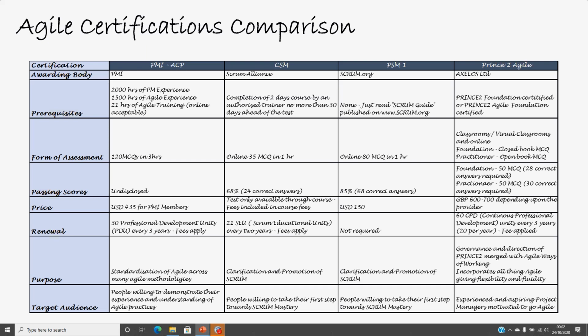You first do the Prince2 Agile Foundation, or you do just a normal Prince2 Foundation, and then on top of that, you could do the Agile Practitioner exam. The whole idea is that it's the best of both worlds.